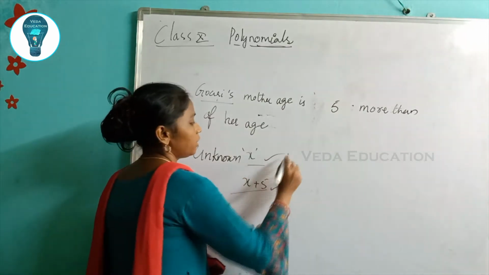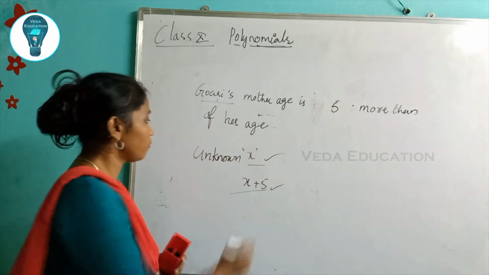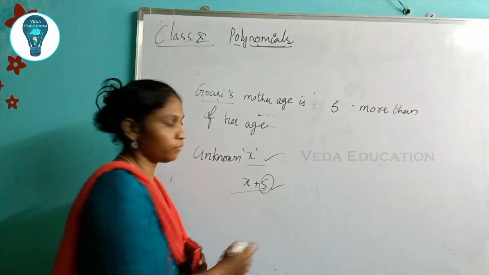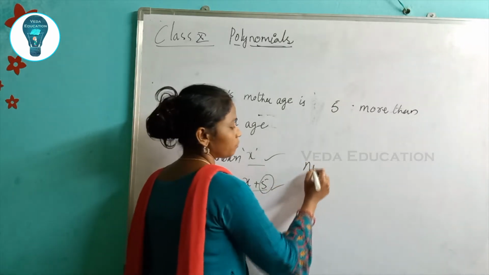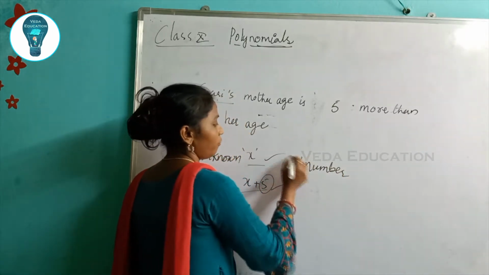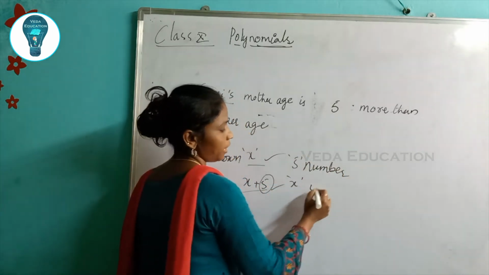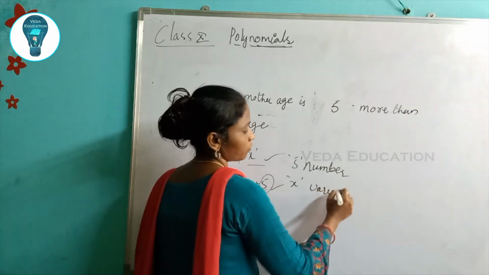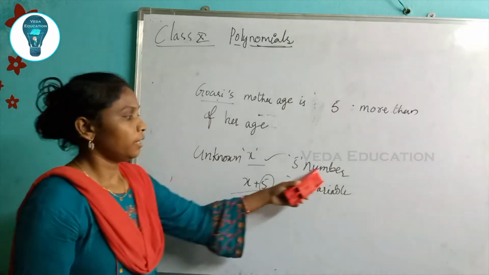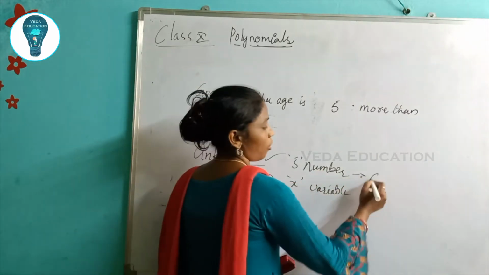So see here, the unknown we consider as a variable. And here 5, what is 5? 5 is a constant number. And what is x? x is a variable. In earlier classes we learned that numbers are considered constants.